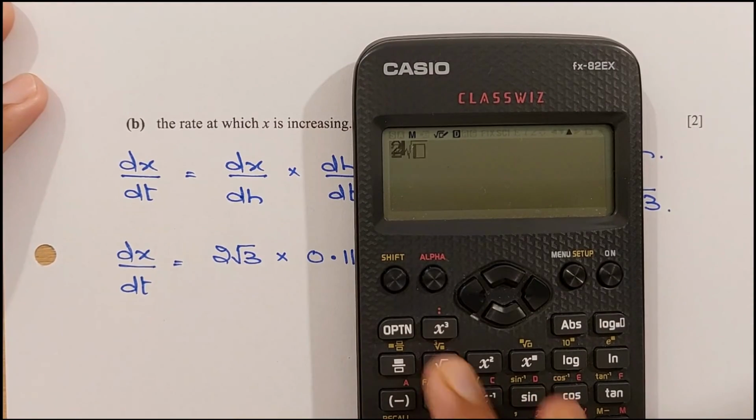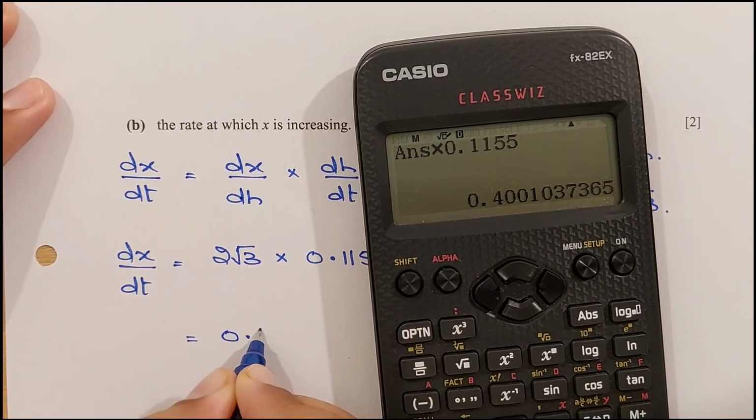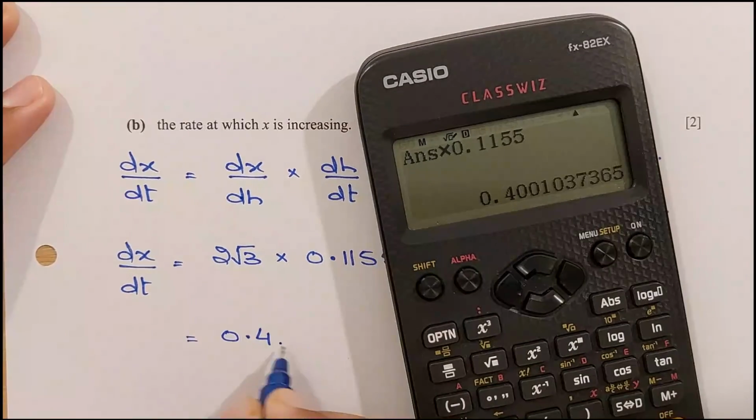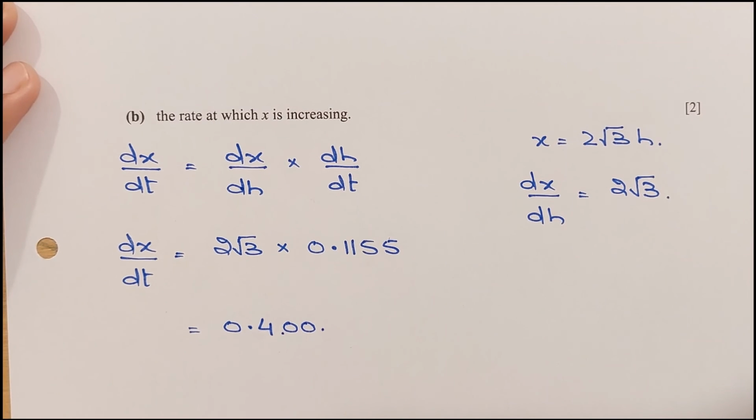So this is 2 square root of 3 times 0.1155, which is 0.400. This is the rate at which x is increasing.